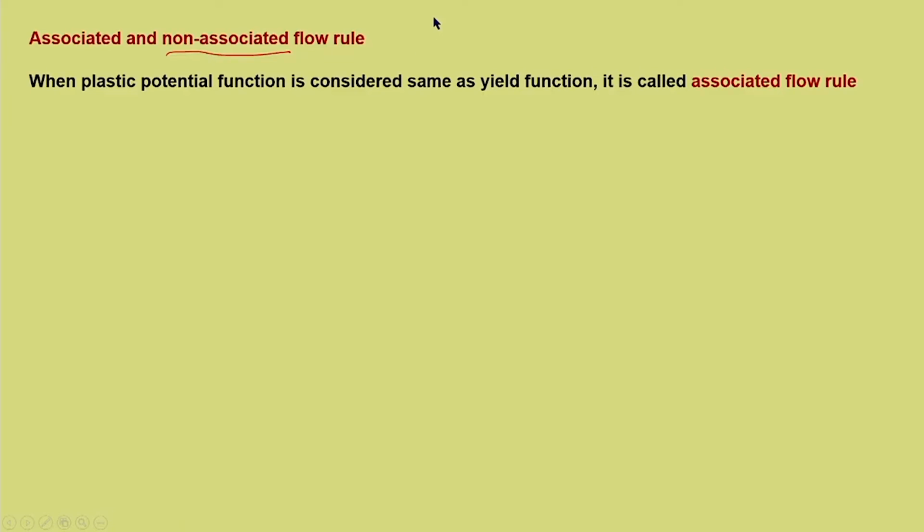Now, this opens up another concept which is very essential in the plastic behavior of soil, and that is what is known as associated and non-associated flow rule. How do you define plastic potential? It has something to do with this concept of associated and non-associated flow rule.